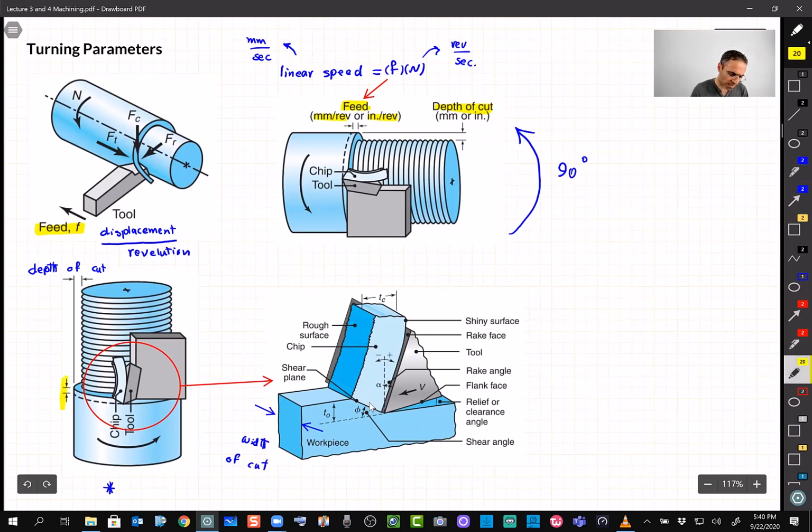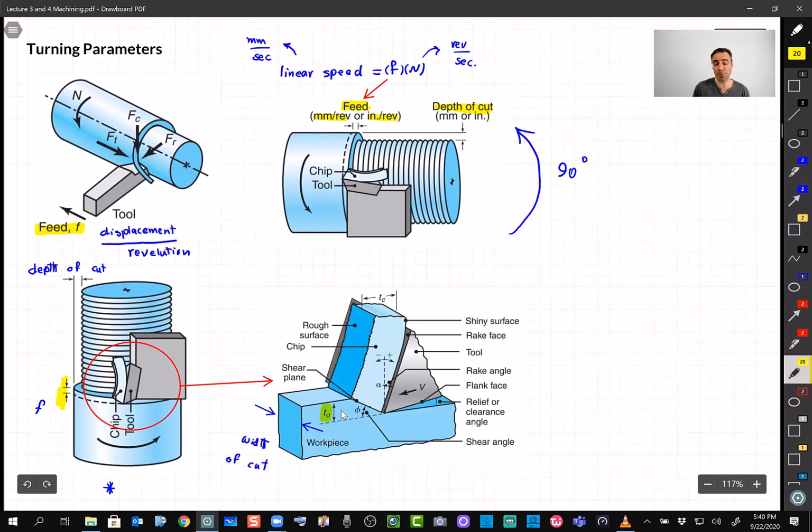What about this distance over here, what we call the feed? If you look at this image and the initial image we had for machining in general, we can now say that if this distance is f, per revolution, then this f in fact is this t0 over here.